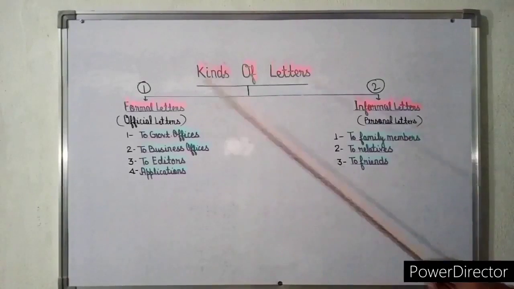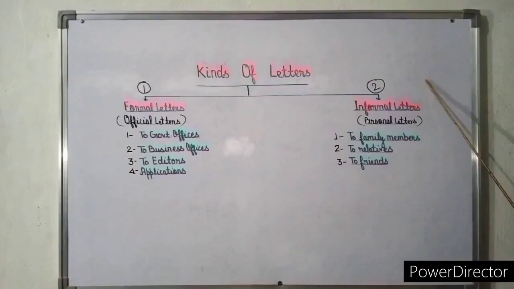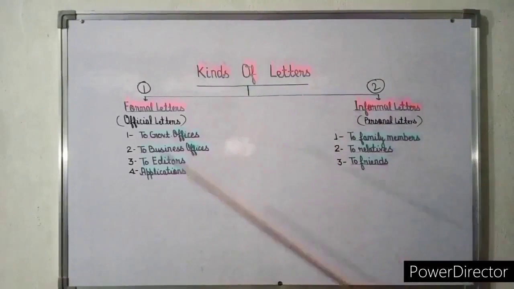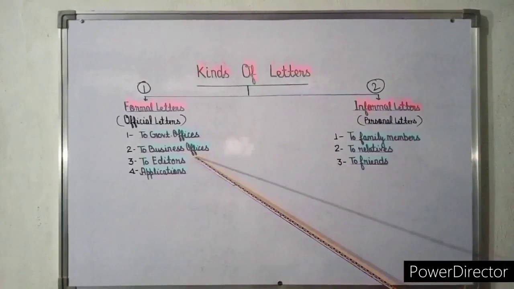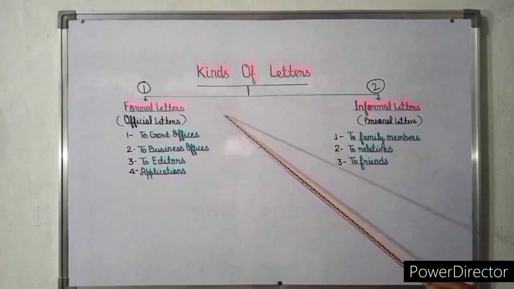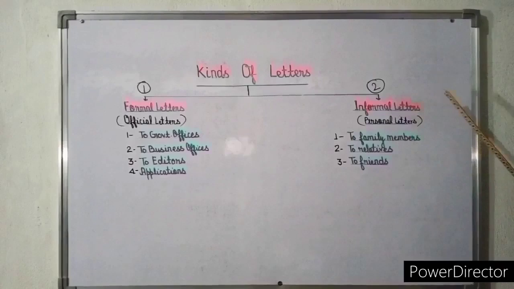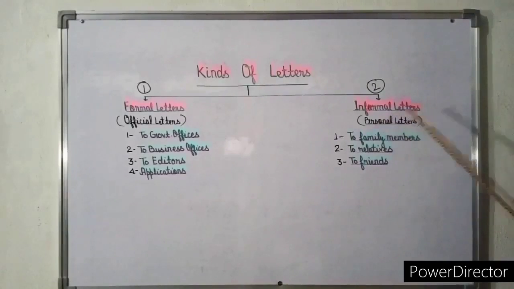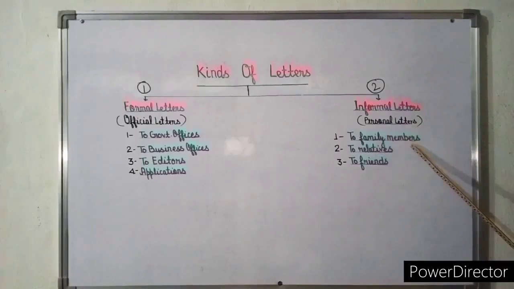So there are two main kinds of letters, formal letters and informal letters. Formal letters are written to government offices or officers, to business offices, to editors, and applications also are formal letters. And the second one I have told you, informal letters, they are also called personal letters because they are written to family members, to relatives and to friends.